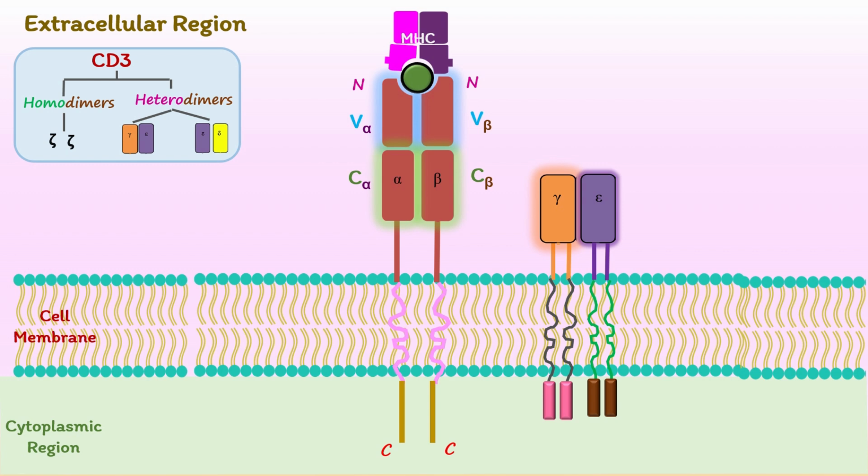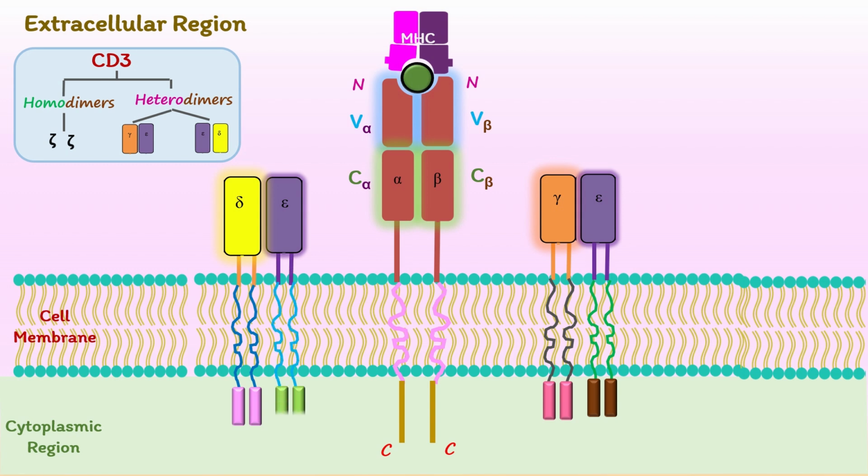The other heterodimer has delta monomer and epsilon monomer. The delta monomer, having a molecular weight of 20,000, has an extracellular region, transmembrane region, and cytoplasmic region. Similarly, the epsilon monomer has an extracellular region, transmembrane region, and cytoplasmic region. These 2 are heterodimers.